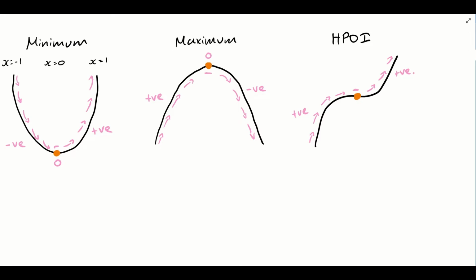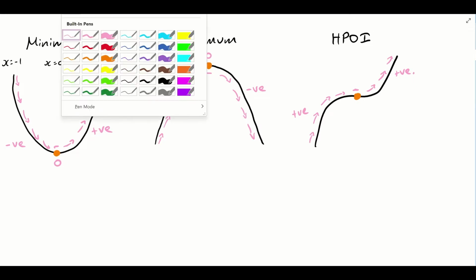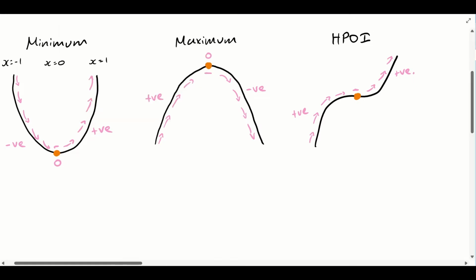So what we can do is when we want to work out what type of critical point it is that we have, okay, we find our critical point. So we find our critical point, for example, in this maximum one here, our critical point is there. Okay, and then we want to find out what the gradient is either side of our critical point.